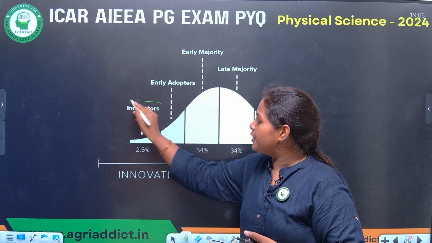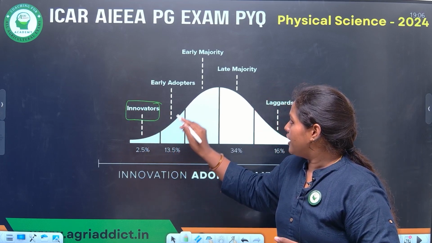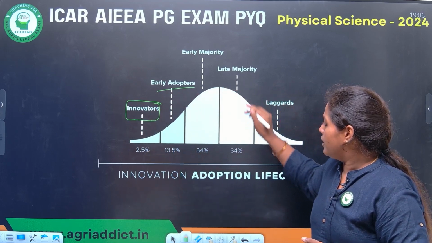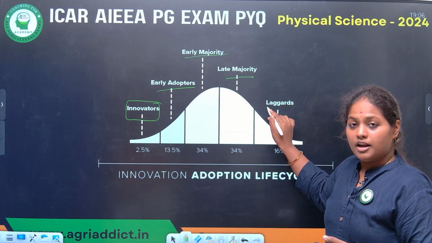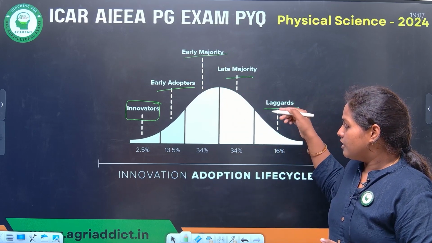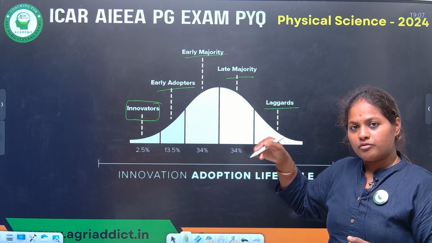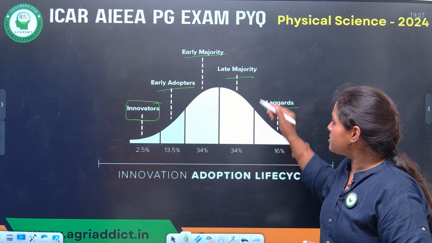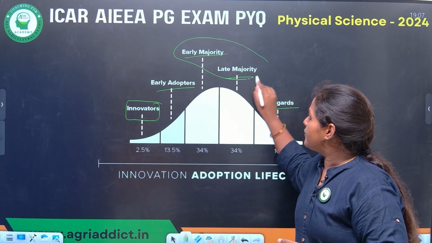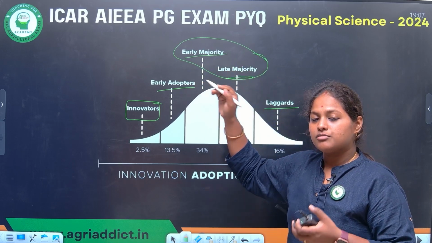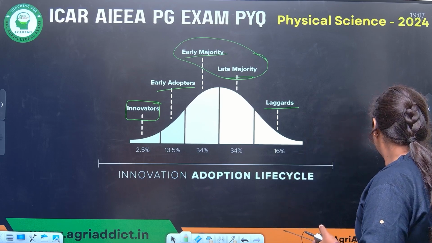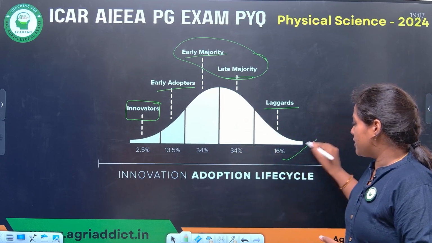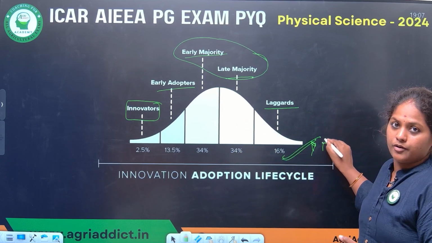Innovators are hardly 2.5%, early adopters are 13.5%, early majority 34%, late majority 34%, laggards 16%. The categories that constitute more when we introduce a new practice are the early majority and late majority, who come after innovators and early adopters. This is very important. These percentages are important for your GA questions.